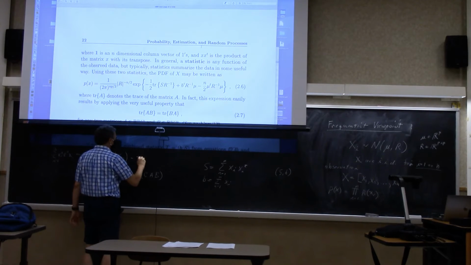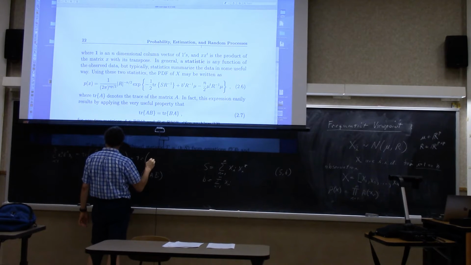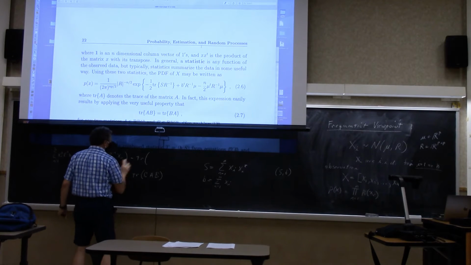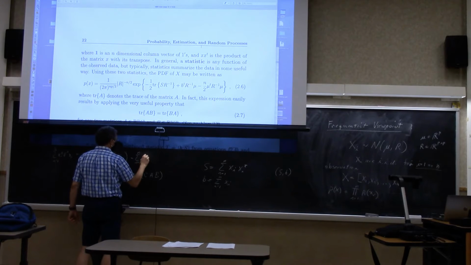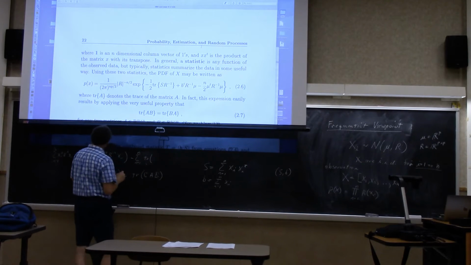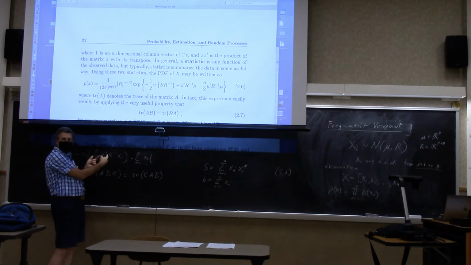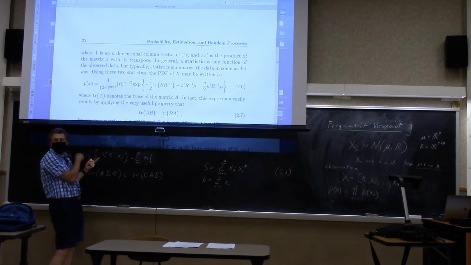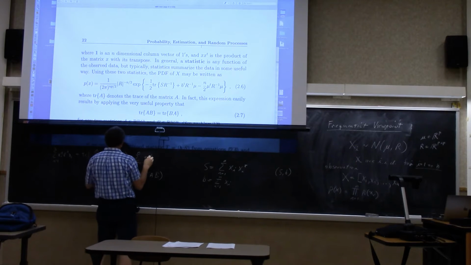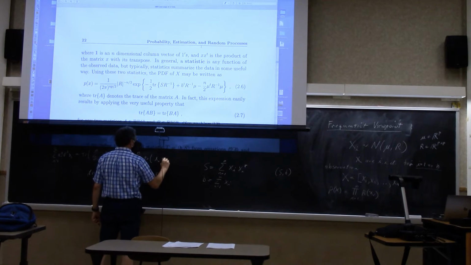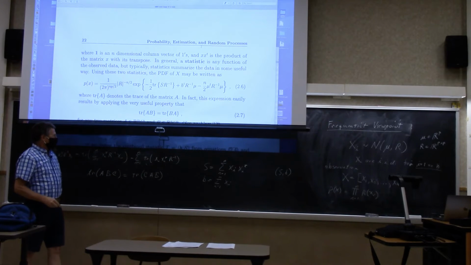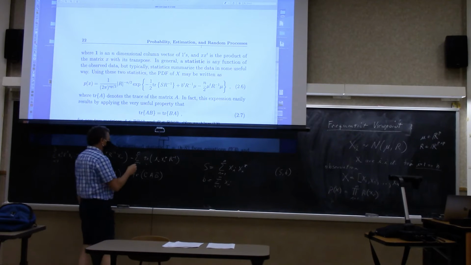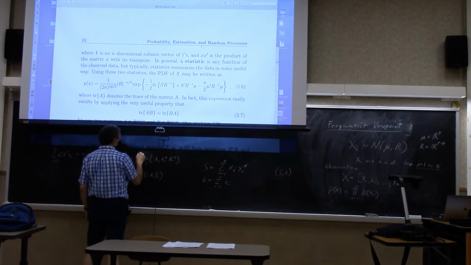And that's equal to the trace of... and then the trace is also linear. So this is another step here. This is the sum from i equals 1 to n of the trace. I could exchange the trace and the sum because they're linear. And then I can change the order and I get x_i x_i transpose R inverse, okay? And then I can put the sum back in again.